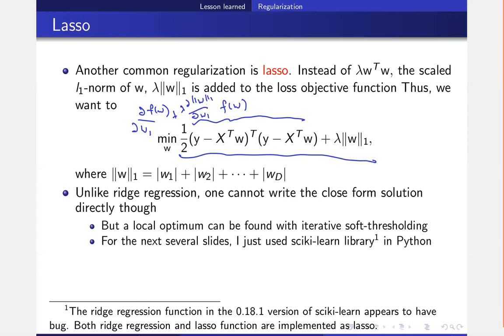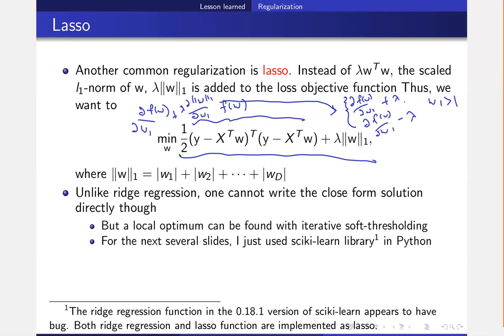Be careful, these are different things. So I will have two cases here. One case is if W1 is positive, then it equals partial F(W) over partial W1 plus lambda. And if it's negative, then I have partial F(W) over partial W1 minus lambda.